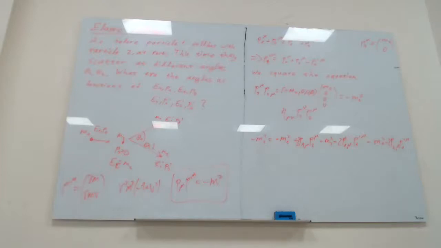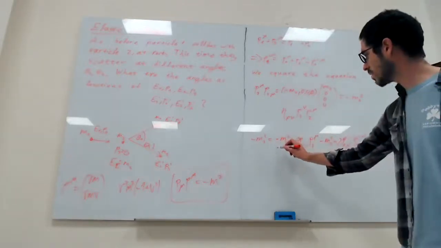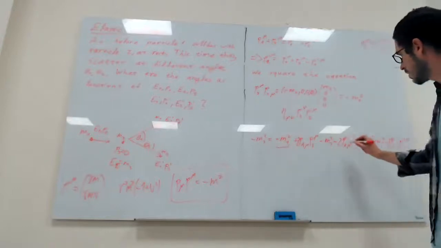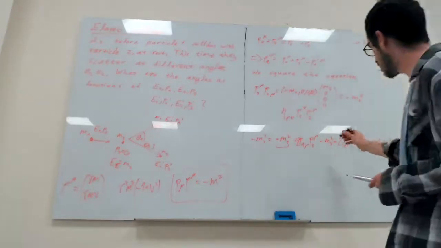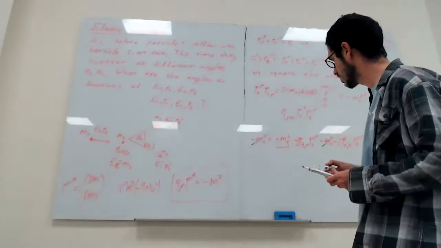Okay, so we got all this long equation. Now we can basically write it down. This comes twice, this cancels with this.